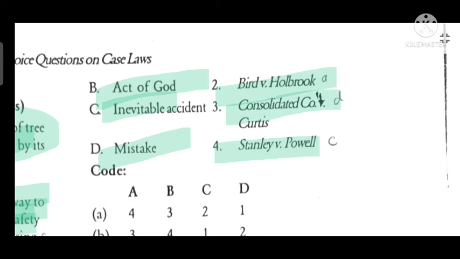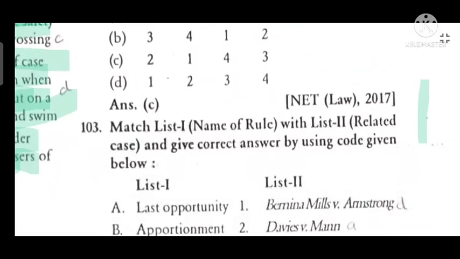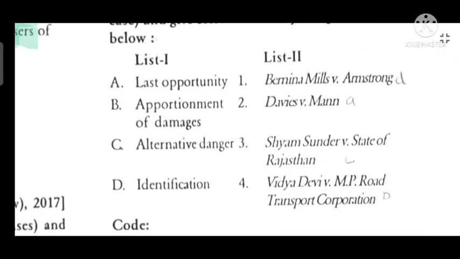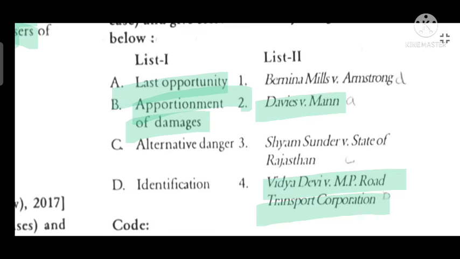Mistake. Contributory negligence. Last opportunity. Davies versus Mann, apportionment of damage. Vidya Devi versus MP Road Transport Corporation, alternative danger. Shyam Sunder versus State of Rajasthan, identification.